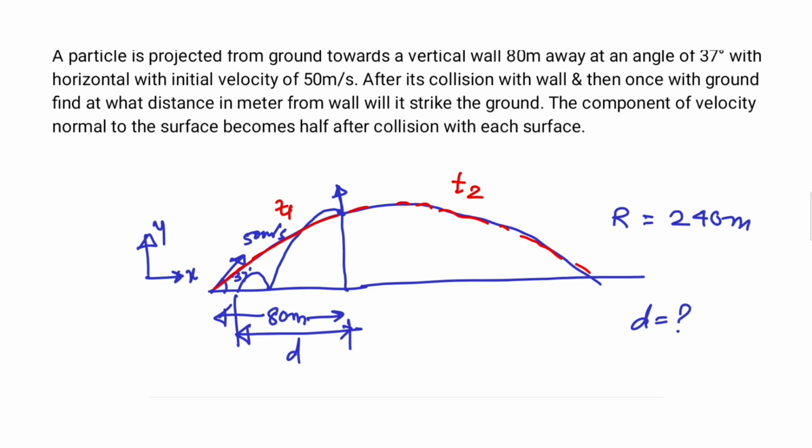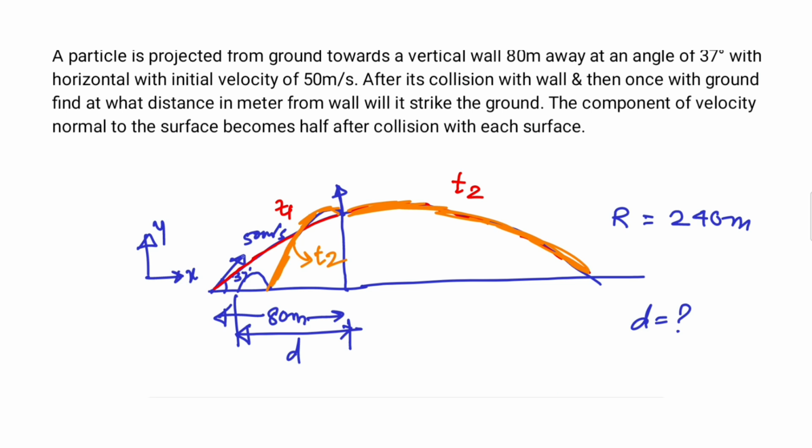If this part, let me highlight it in orange, takes time t2 to travel, then the time taken to travel this other part, which I am highlighting now, is also t2. I hope that makes sense.